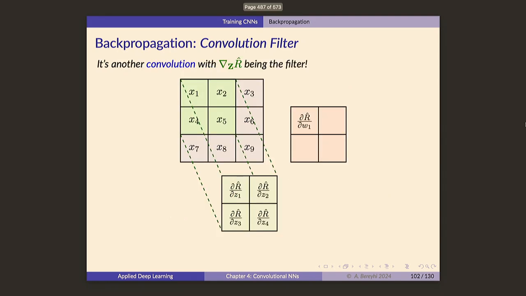But the cool thing about it is that this guy is again a convolution. So you just replace your filter with your gradient at the output. You put it in the place of the filter, and then you just convolve it with the input. Then you're going to get the gradient with respect to the weights.